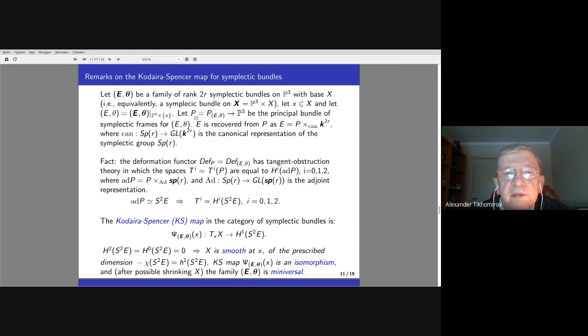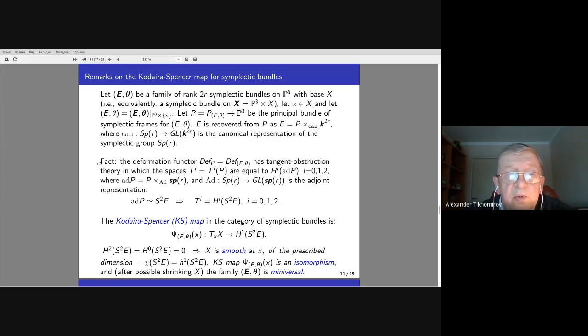So we may look at the corresponding principal bundle of symplectic frames for E, theta. A symplectic frame means just a local basis in which the symplectic structure is given by the standard Darboux form. Then E is recovered from this principal bundle as the associated vector bundle by the canonical representation of the symplectic group Sp_r in the space k^{2r}.